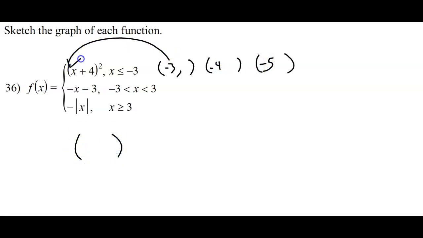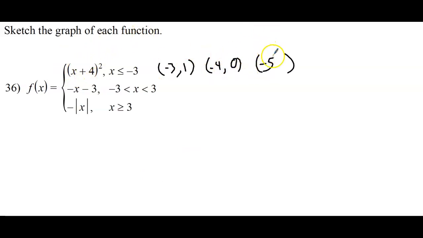If I were to plug -3 into there, we would do the parentheses first, and then we would square it. So I get 1 for that one. If we continue to plug in the rest of the numbers, let's see what we get for those. Plugging in -4, I would get 0.